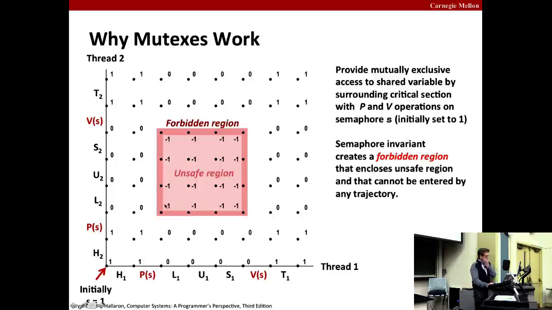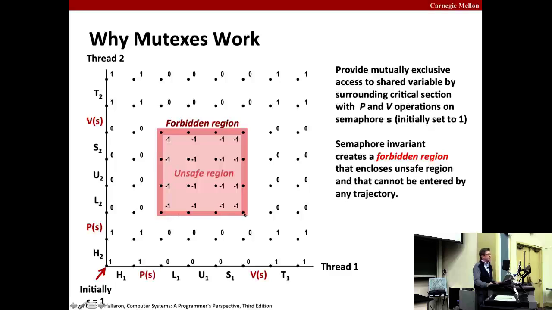And so it creates what we call a forbidden region. These points in the state space where the semaphore would have a value of -1 are infeasible.